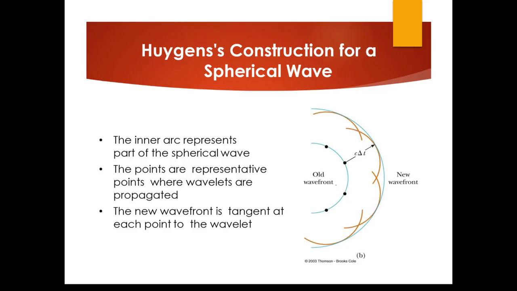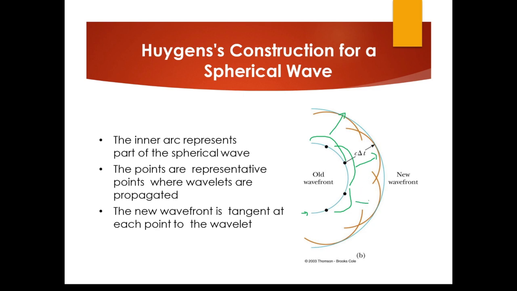And so he knew that spherical waves he had to also prove, and so we can see that his concept was similar. He would have points from the initial wavefront, each source would give these wavelets, and they would also move c delta t radially outward.